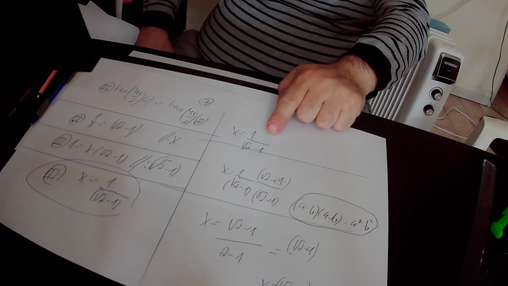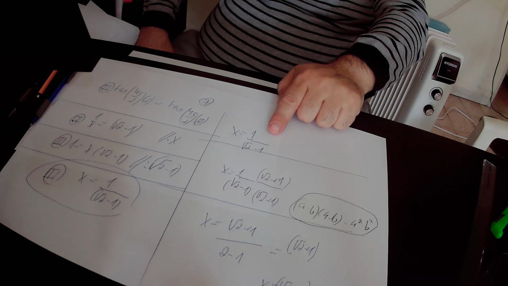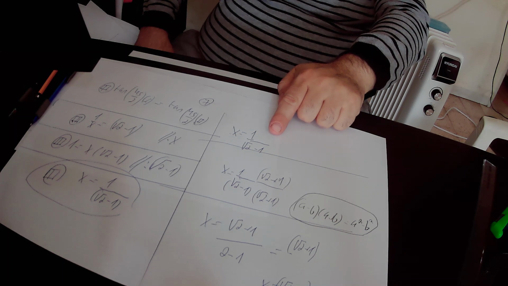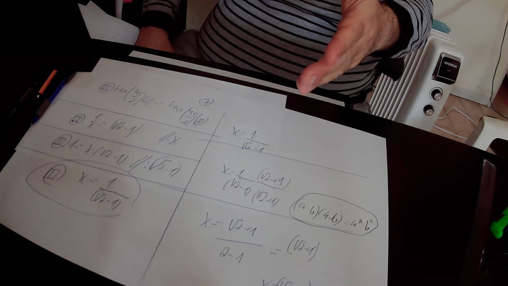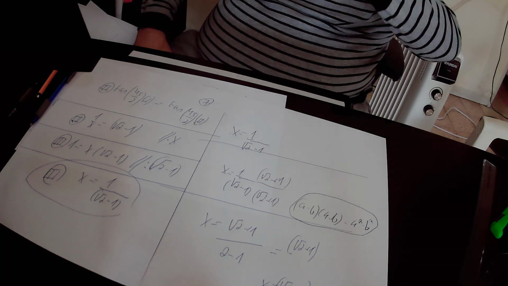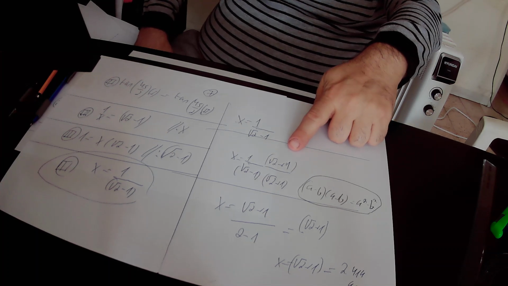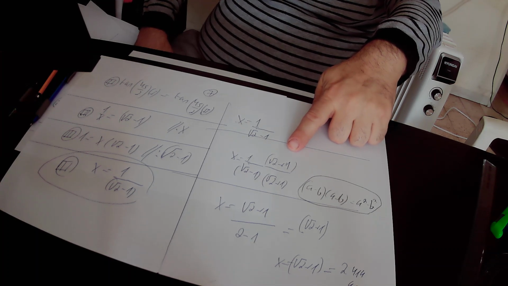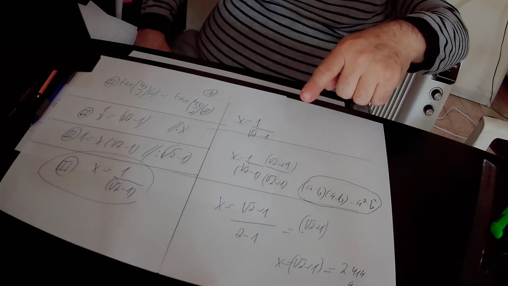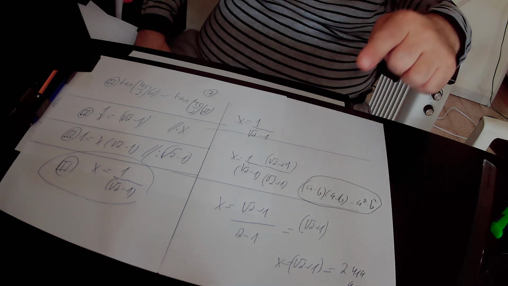Then we multiply this side of the equation by square root of 2 plus 1, and then we divide it by square root of 2 plus 1. Actually, we multiply it by 1, therefore we change nothing. Therefore, this operation is allowable. So in conclusion, we found out that x equals to, in the numerator we have square root of 2 plus 1, in the denominator we have square root of 2 minus 1 times square root of 2 plus 1.